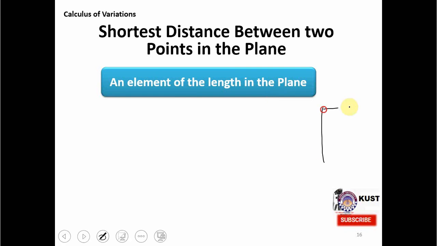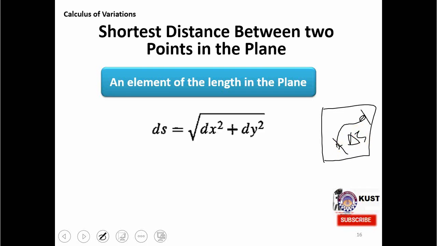For example, this is the plane, and in this we define the element of length, let's call it delta s, and here ds is equal to the square root of dx square plus dy square. This is the famous Pythagoras theorem you can see over here. The distance between 2 points is given by dx and dy, and if you apply the Pythagoras theorem, this is the length element ds.